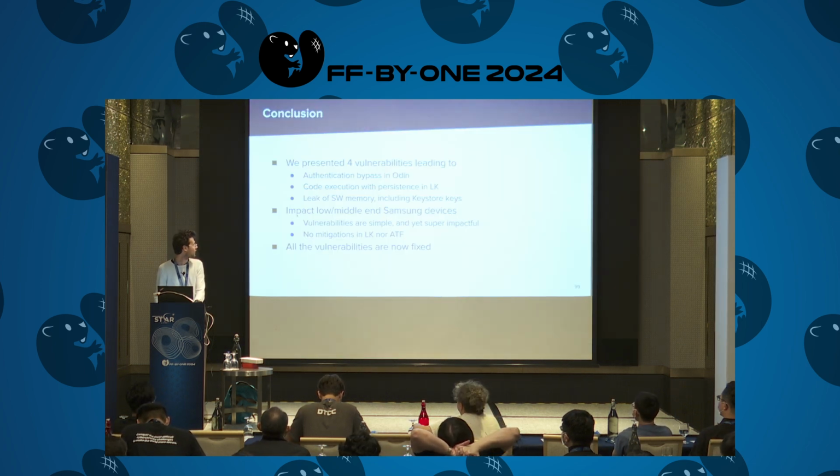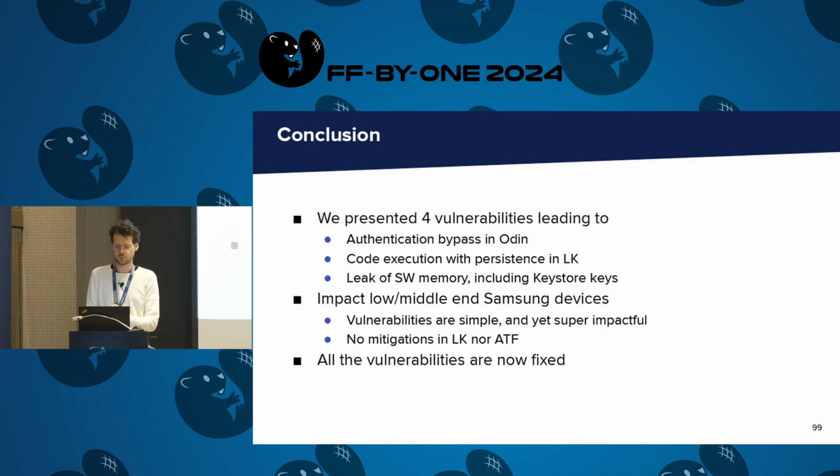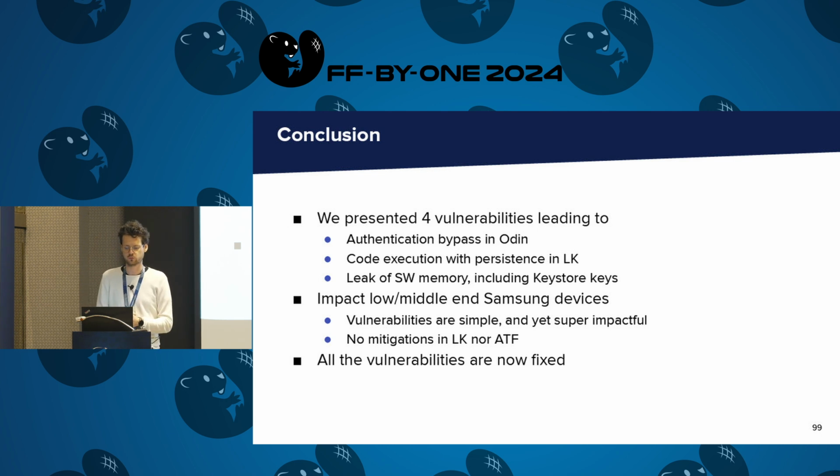To wrap up, we presented a total of 4 vulnerabilities today that led to bypassing the authentication that happens in Odin. This allowed us to flash a malicious image that would exploit the vulnerability in the parsing logic in little kernel. This gave us code execution in the bootloader, and then allowed us to ship a backdoor.